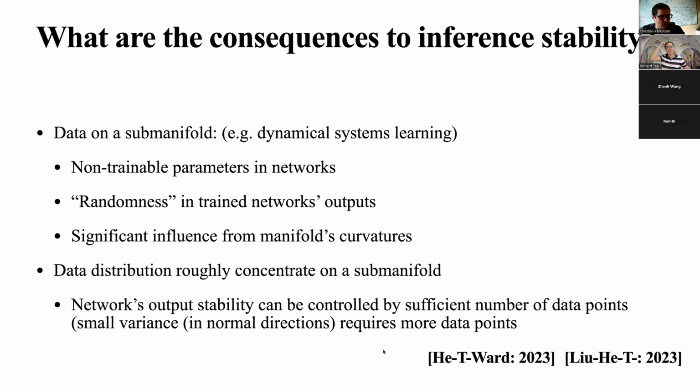So what are the consequences for inference stability? First of all, we assume, as I alluded to earlier, that data are distributed on a submanifold, and this makes sense in a lot of applications.